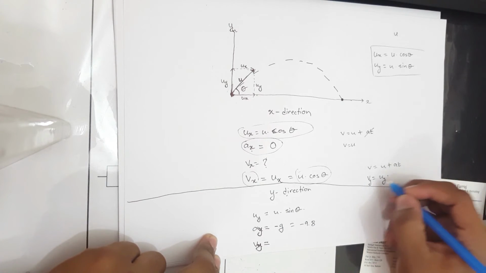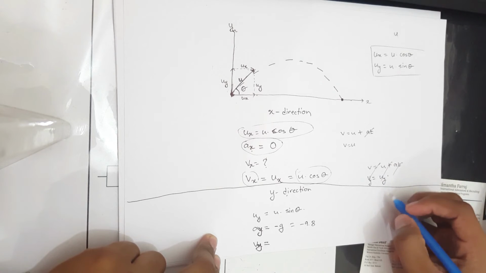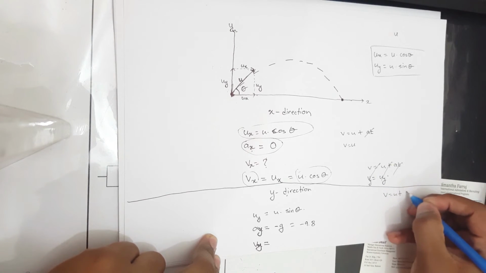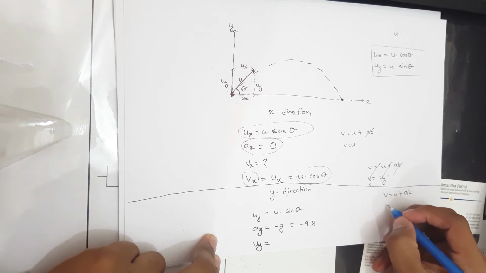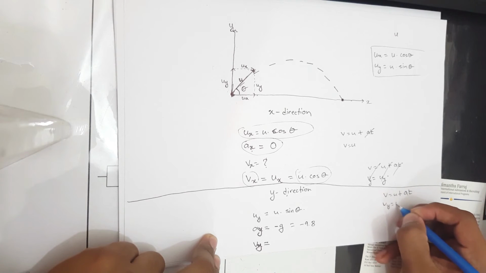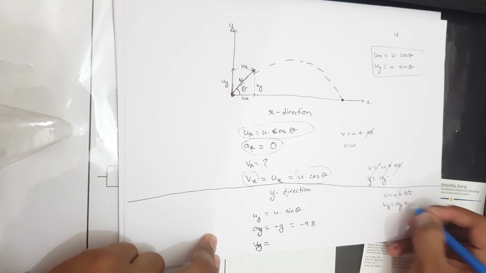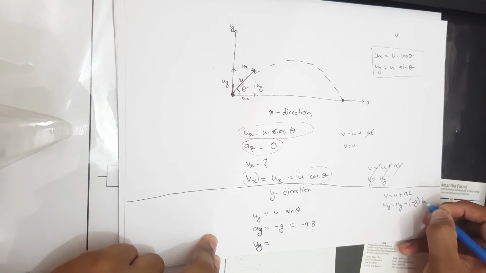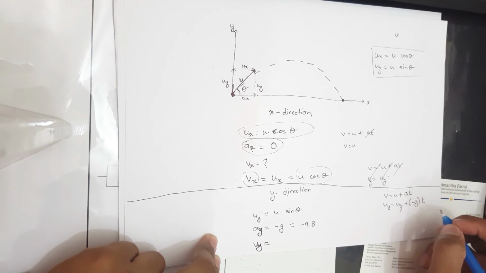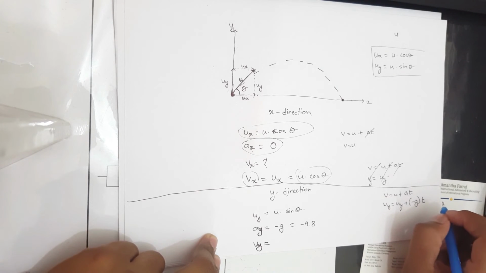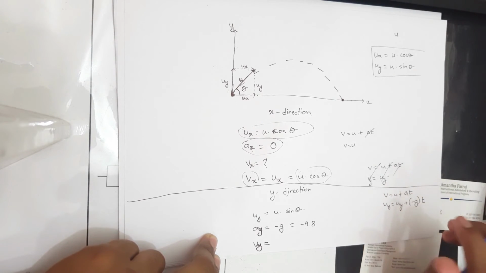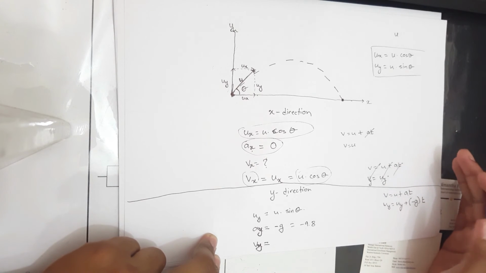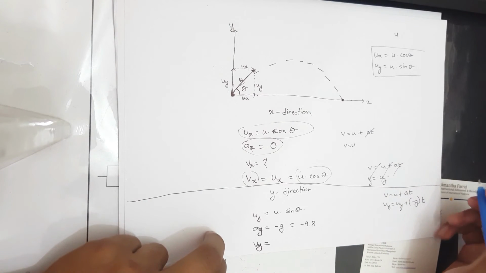Let's write this again. v equals u plus at. Okay, vy equals uy plus, in brackets I write minus g, and time. Time is an independent variable. It does not care what v or u is. It is absolutely independent, and it's basically a constant, if you could say.